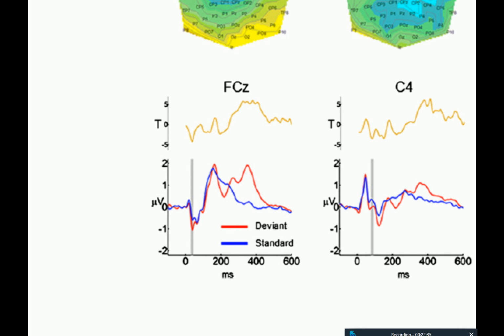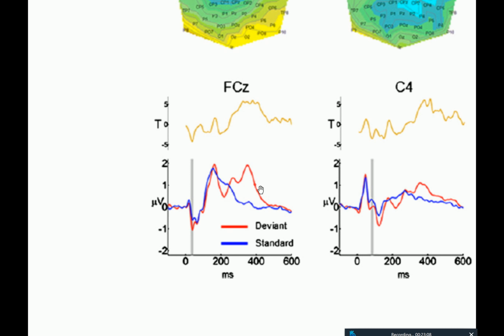But again, you will see this negativity for deviants in both the high and the low amplitude conditions. So this is the average over both amplitude conditions, and you see that the deviant definitely has a negativity, a little bit later at 200 milliseconds.